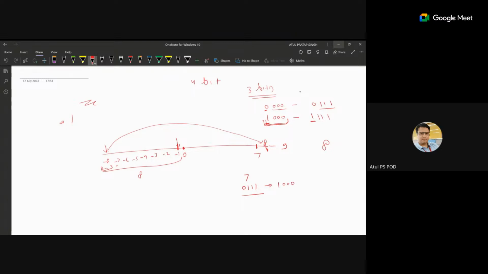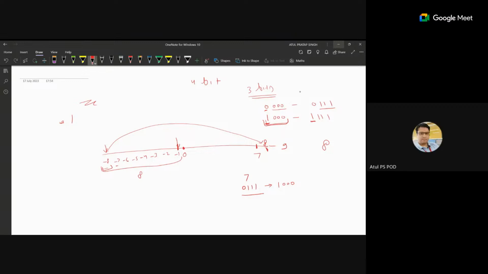In the 1s complement we invert all the digits, 0 to 1 and 1 to 0. Then we add 1 to the 1s complement and we get 1 0 0 1. So the opposite value of 7, minus 7, is represented by 1 0 0 1.